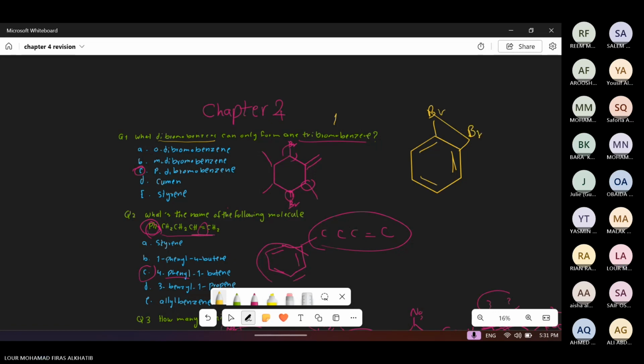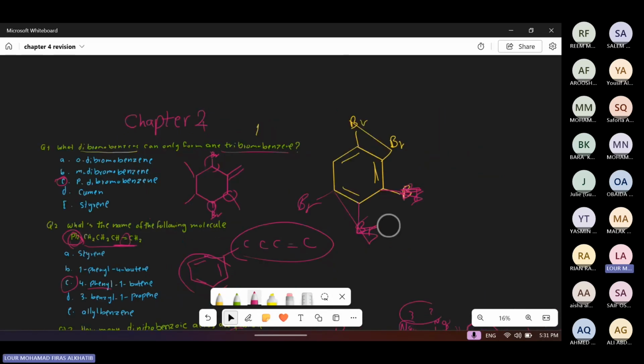I could put the third bromo here. That is the first option. Second option, I could put the third bromo here. Is it a different structure? Yes, it is. Third option, I could put it here. It's another structure.